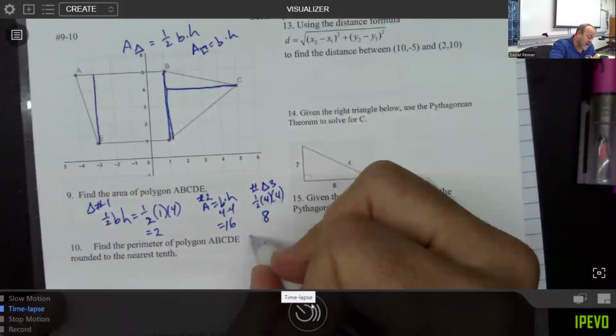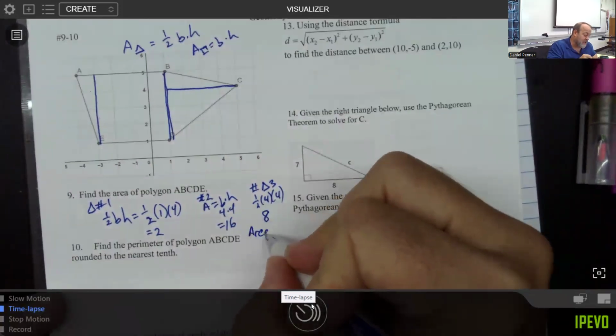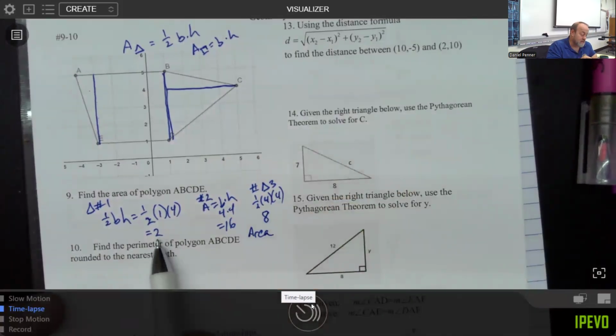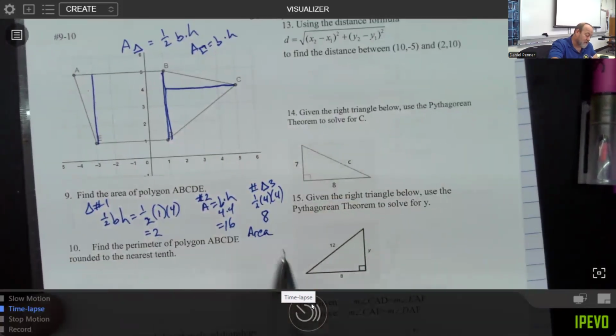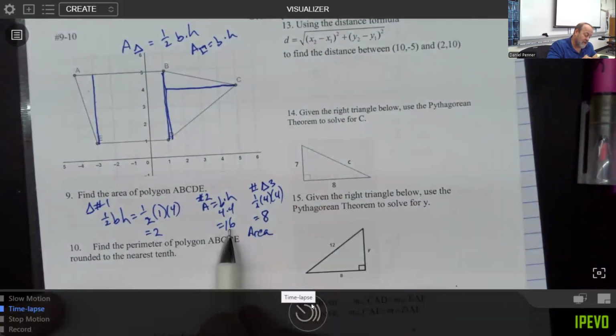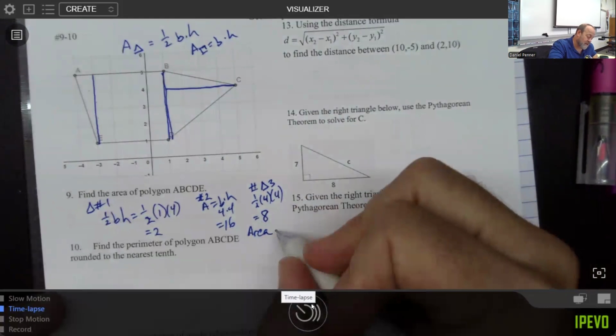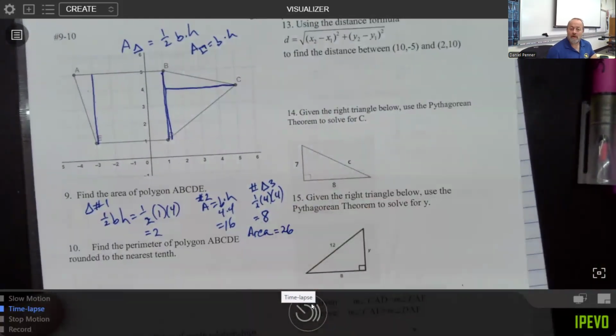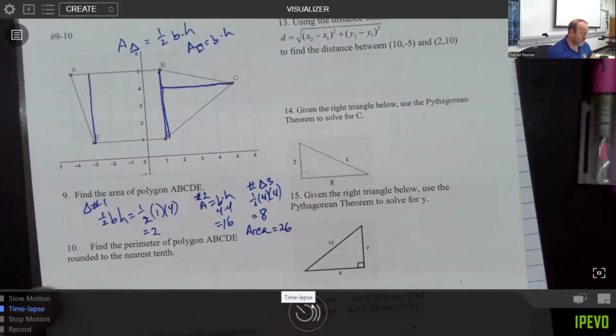So the area is the sum of 1, 16, and 8. If I add those together, 1 plus 16 is 17, and 17 plus 8 is 25, and we're done. We found the area of our composite shape.